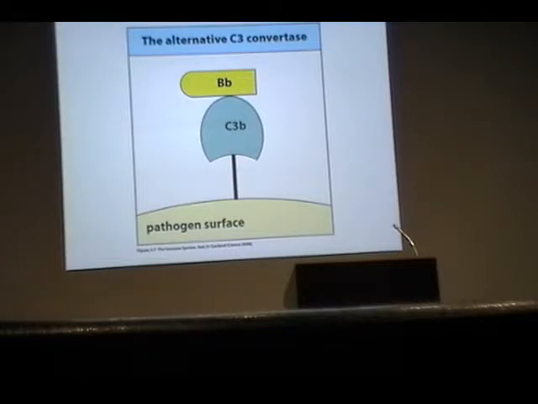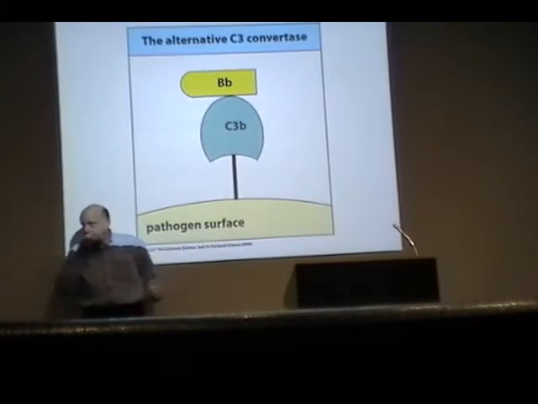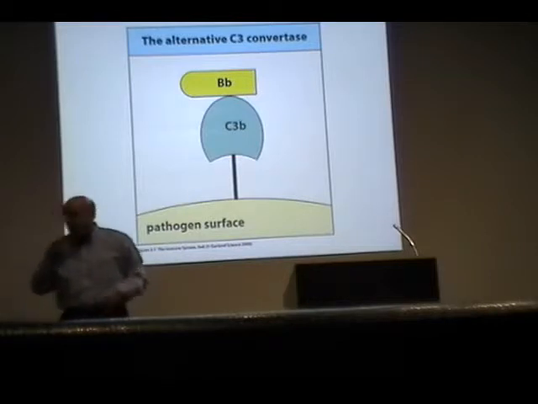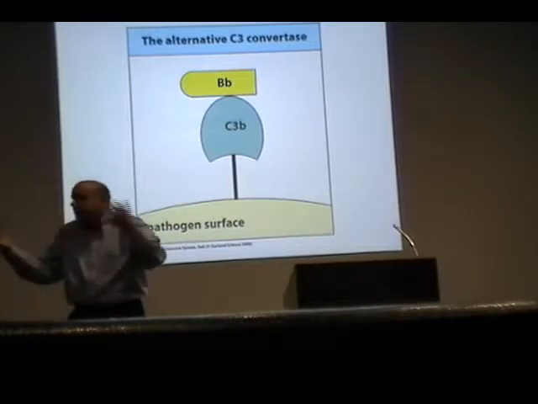There's no place where it might cleave a C3, and then that floats around. Ultimately, all those thioester bonds are nucleophilically attacked by water and they're degraded. So it's really the fact that you're concentrating the enzymatic response on the surface of the bacteria that allows this to go forward. Otherwise, you're in fluid floating around in the serum, and they don't find each other.